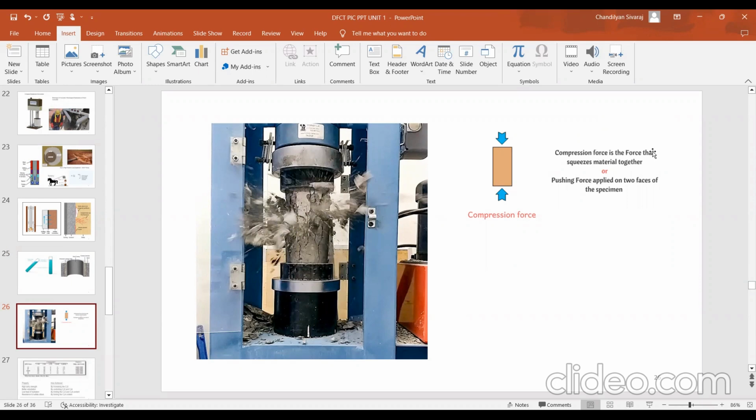What is compressive force? The force that squeezes material together, or pushing force applied on two faces of the specimen. Here and here, if you apply pressure, what happens? It is compressed and sheared off, it is broken down. So the pressure at which the cement is broken down or sheared upon compression is noted as the compressive strength.